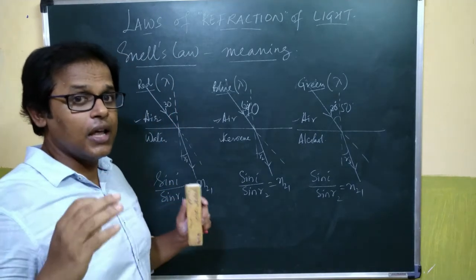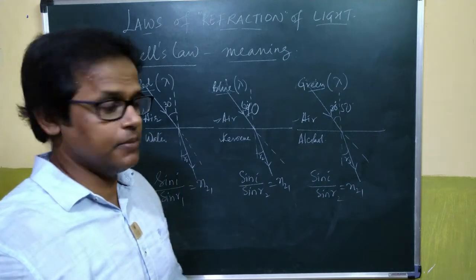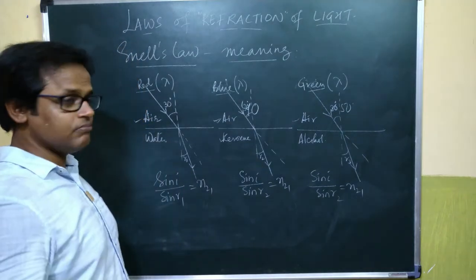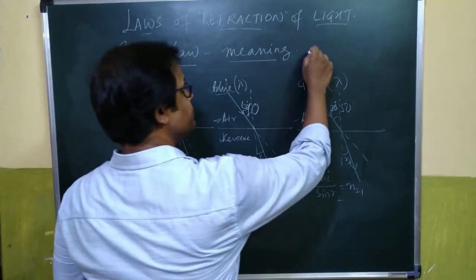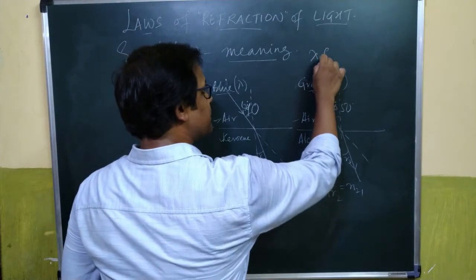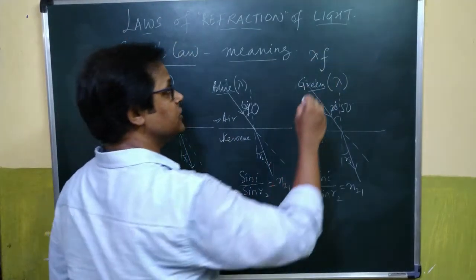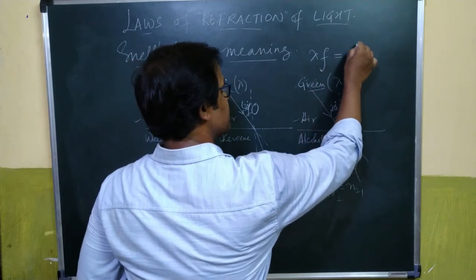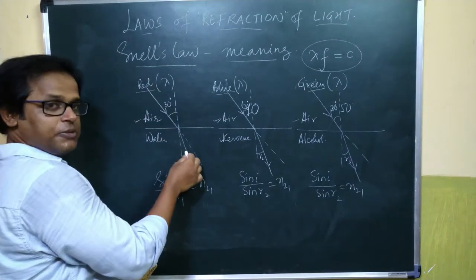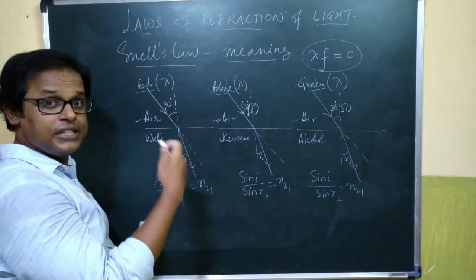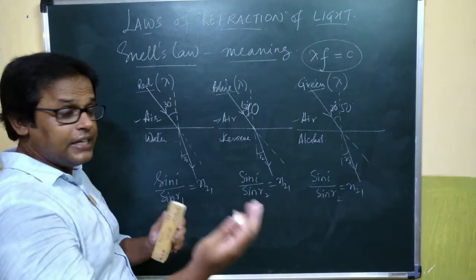That is the color of the light chosen for the experiment. Make sure, my dear, wavelength lambda multiplied by the frequency of the radiation gives us the velocity of light. So whenever light travels from one transparent medium to another, we have been continuously saying the speed of light decreases.